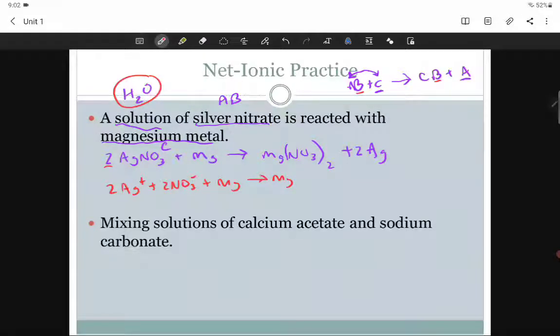Remember, nitrates are always soluble no matter what they're with. And then that was silver metal. Metals and metal ions aren't the same thing. Cations and metals aren't the same thing.